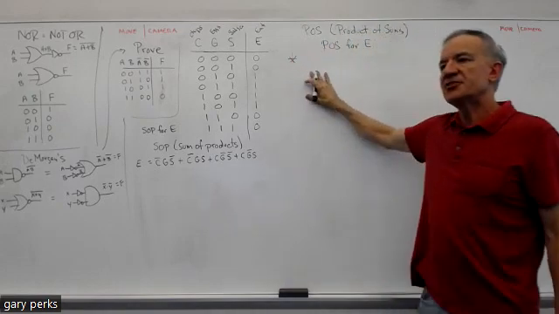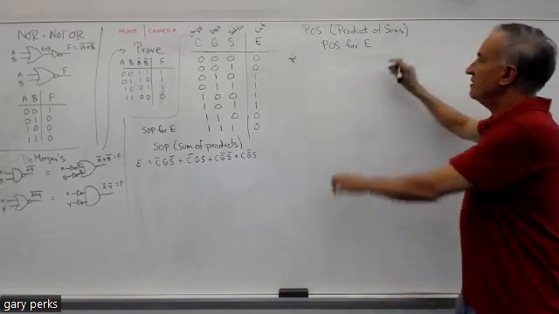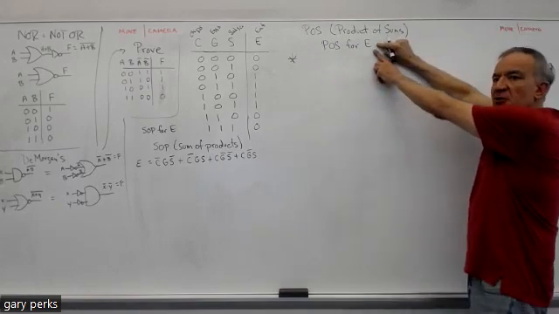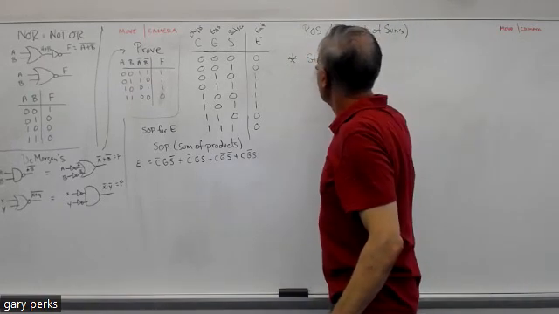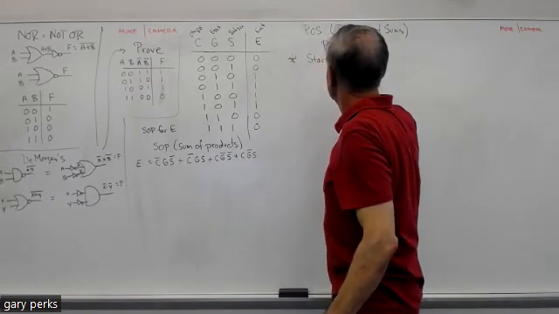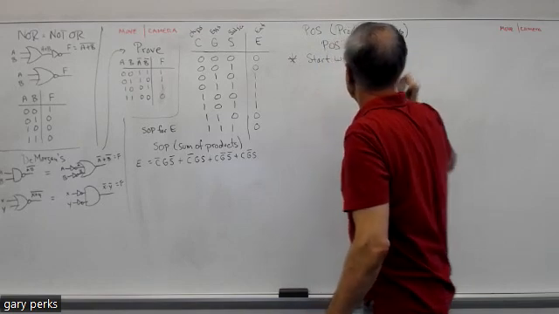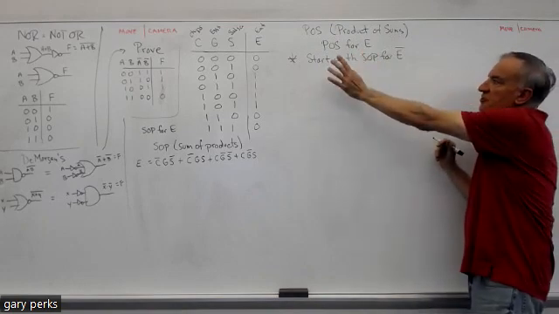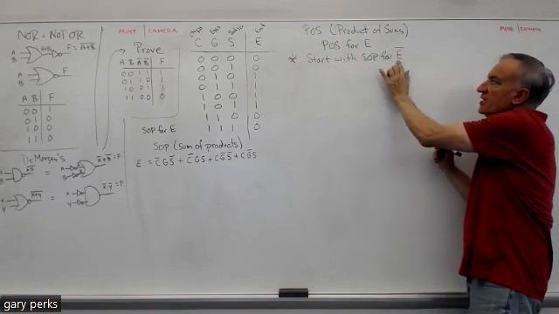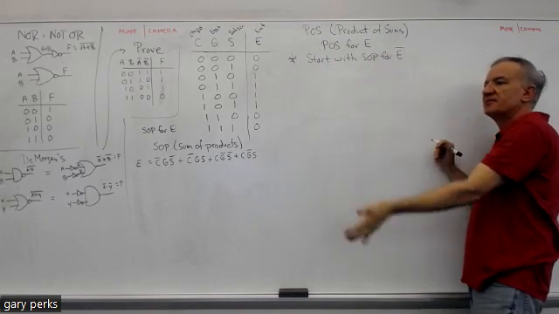You're going to see why this is true coming up, but just take my word for it that if you want POS for E, you got to start with SOP for not E. Right? So you see, we want POS for E, but to do that, we got to start with SOP for not E. Like I said, just take my word for it right now, but you'll see the reason why in a little bit.